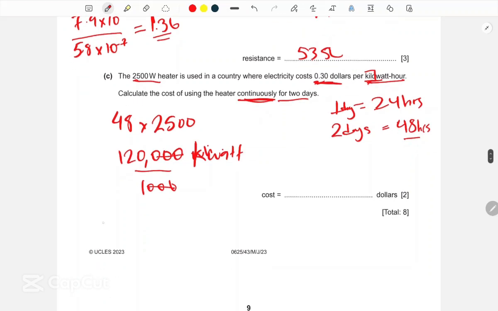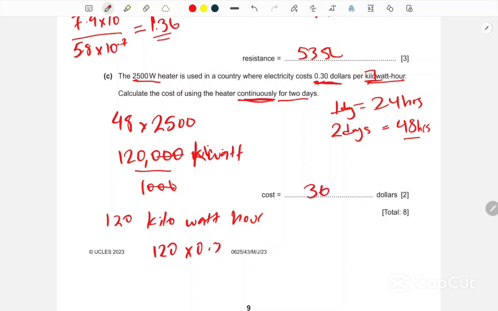So it's going to be 120 kilowatt hour. So it's going to be 0.3 per kilowatt hour. So we multiply 120 times 0.3. And our final answer is going to be 36. So the cost is going to be $36.